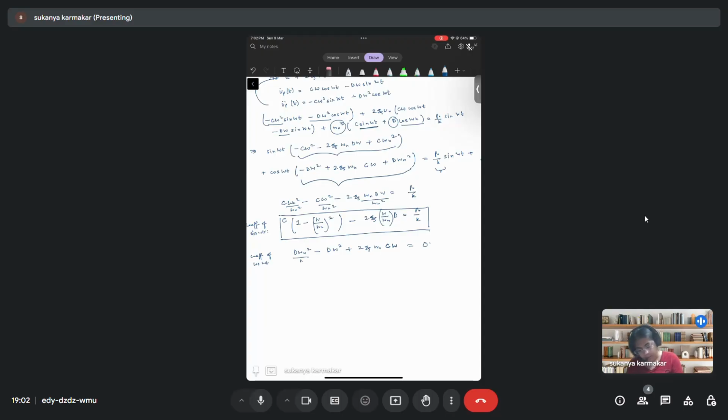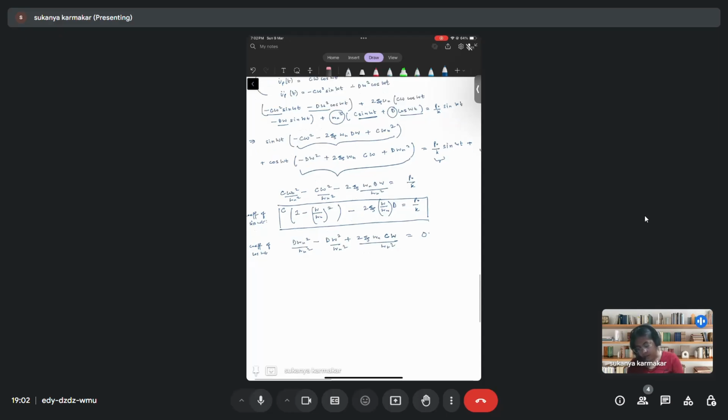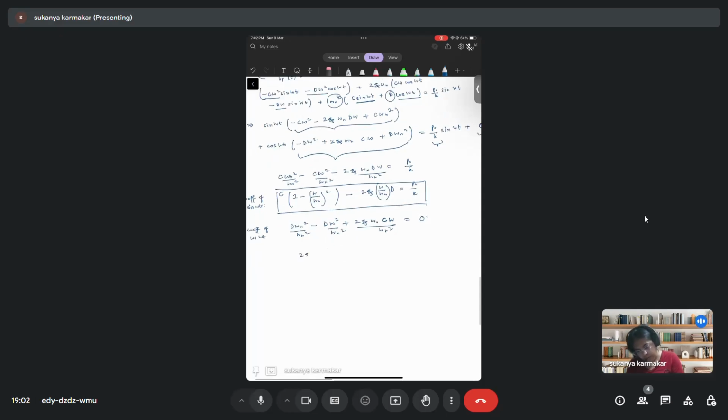So again I'll divide by omega n square. So this equation will be 2 zeta omega by omega n multiplied by c plus 1 minus omega by omega n whole square times d is equal to 0. So if you solve these two equations, you will get the values of c and d.